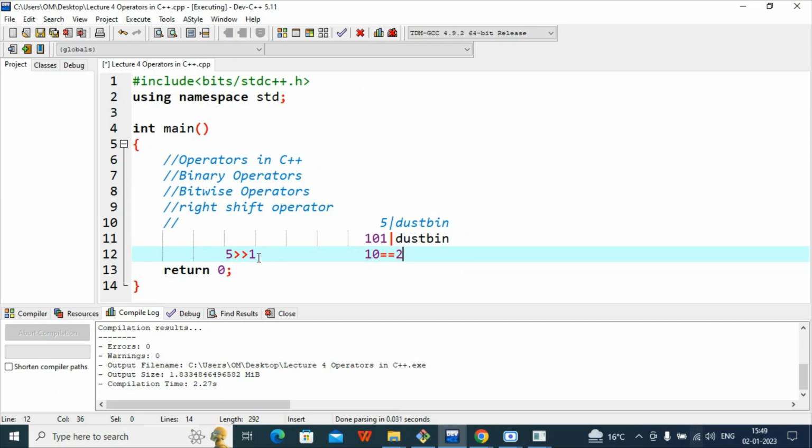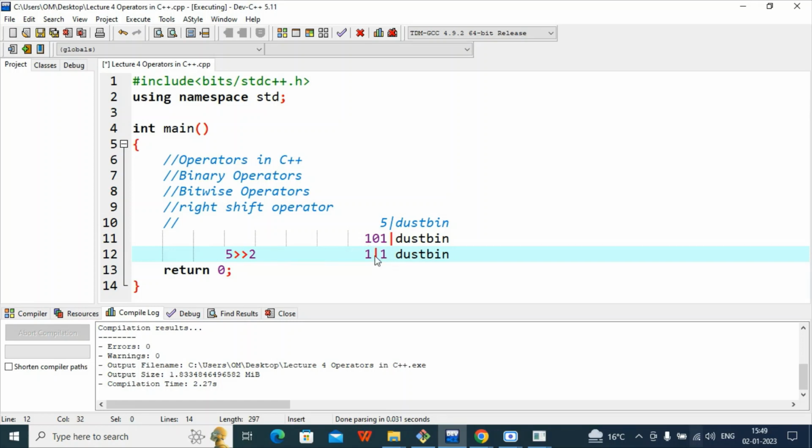If I ask you 5 right shift of 2, not 5 right shift of 1, it means we have to carry on the process. This one has gone to the dustbin, carry out this process only. Now 5 right shift of 2 means one more bit I have to throw on this dumping ground.